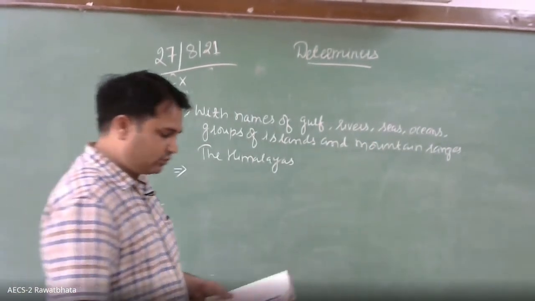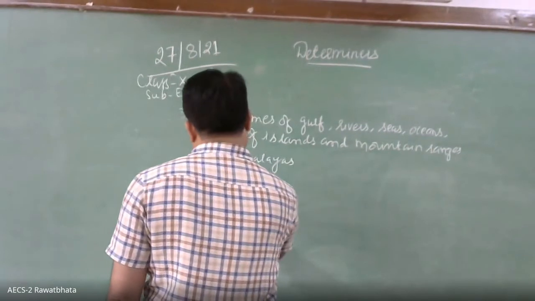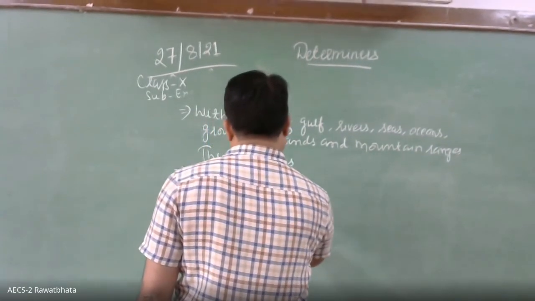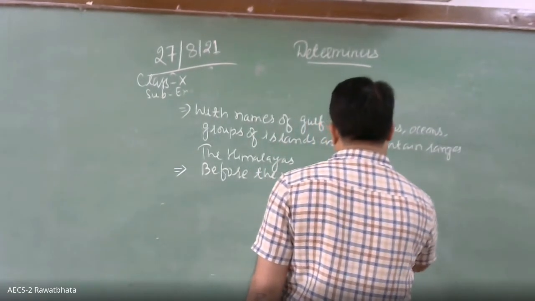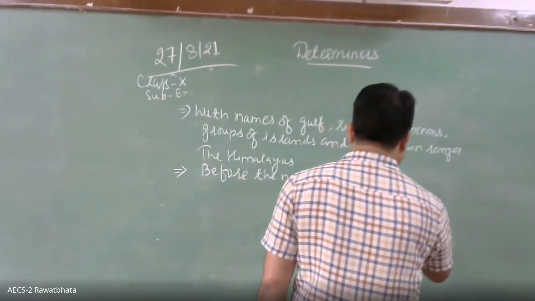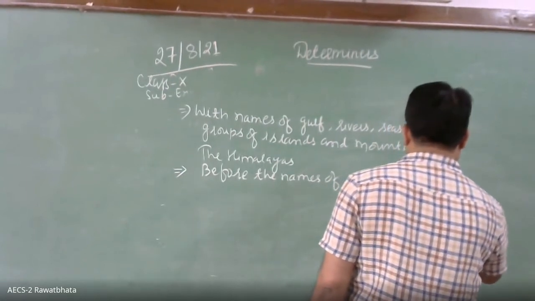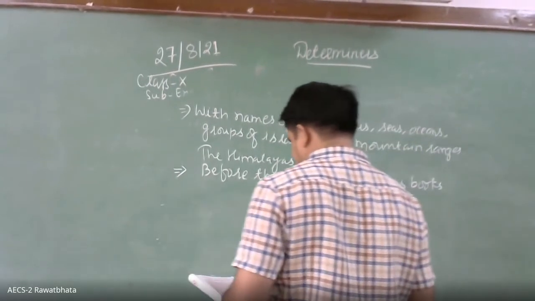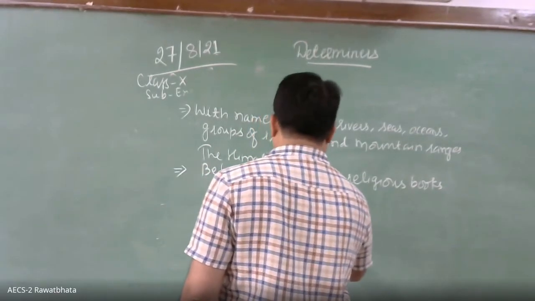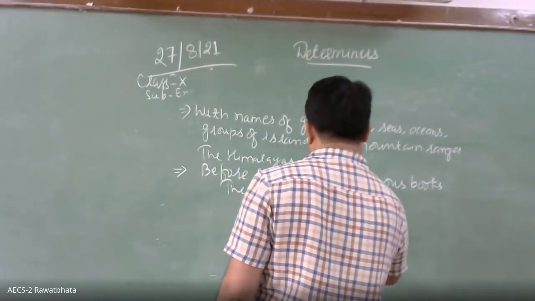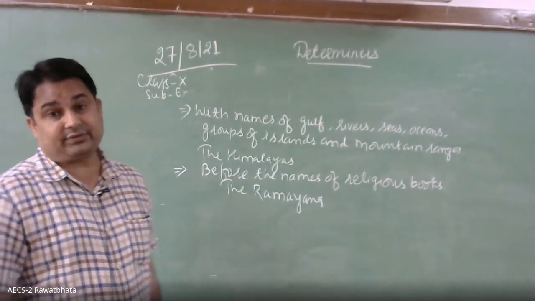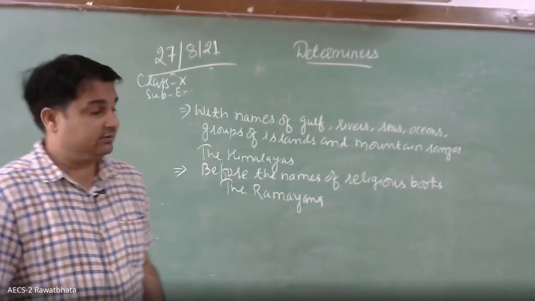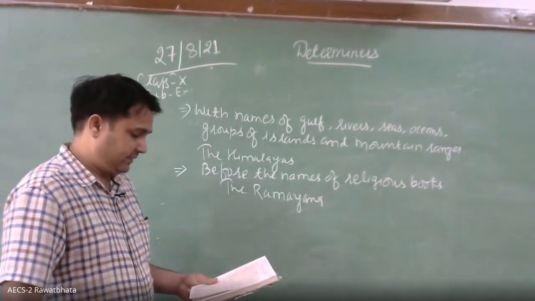Then before the names of religious books, as the Ramayana, the Mahabharata, the Quran, the Bible, the Gita, it is used before them.